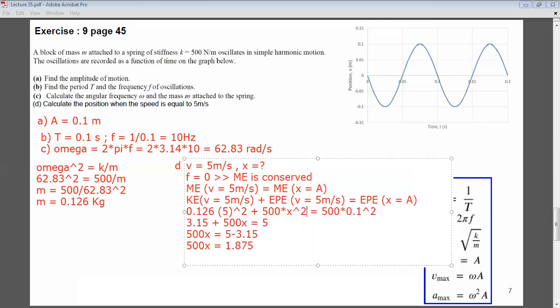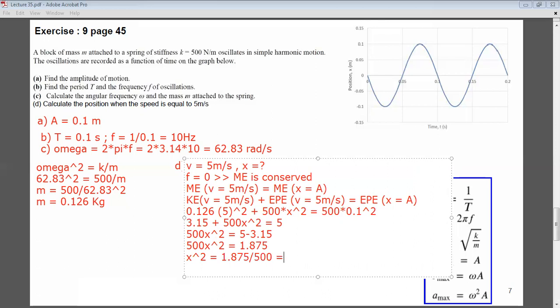So x squared equals 1.875 divided by 500, which is equal to 3.7 times 10 to the power minus 3.